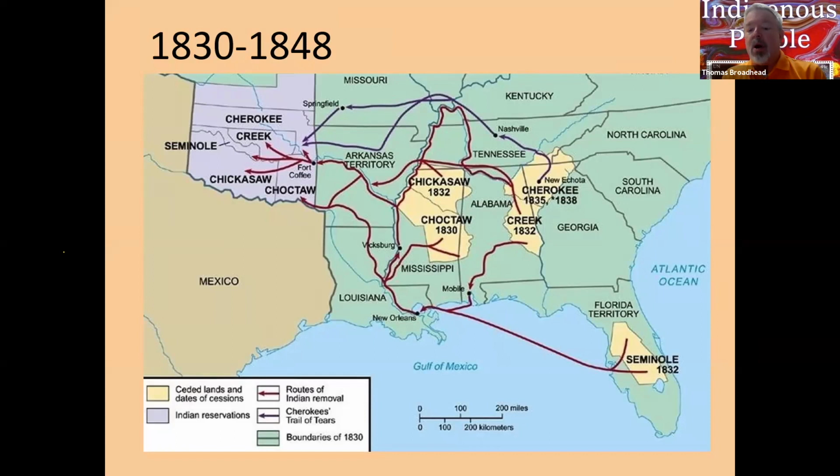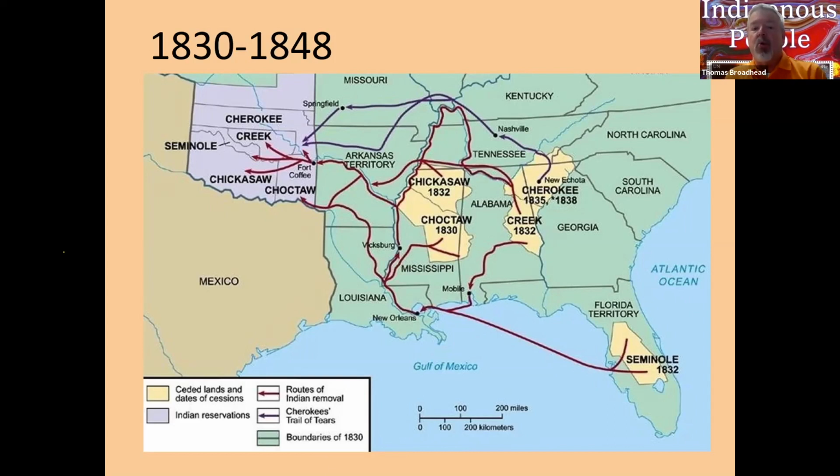You can see which tribes were the principal ones that were moved and where they ended up in Oklahoma. This whole time of migration, as we all know, was brutal as far as the survival of the Indians who were being forced to move.